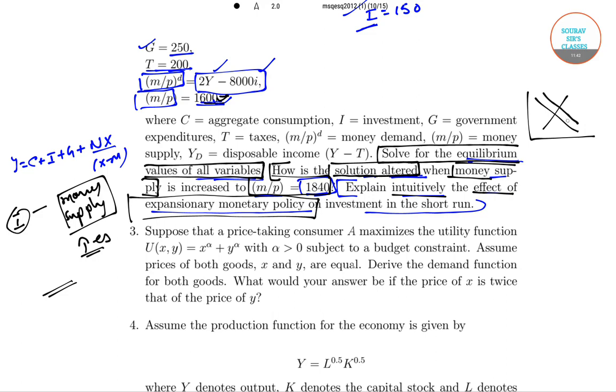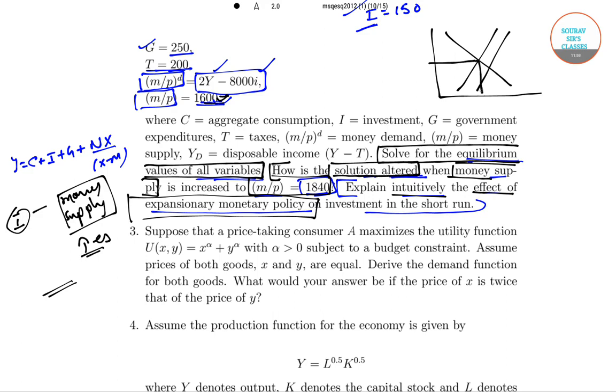The LM curve shifts to the right. So similarly, the interest rate also falls. Similarly, we will get the new y and new investment.